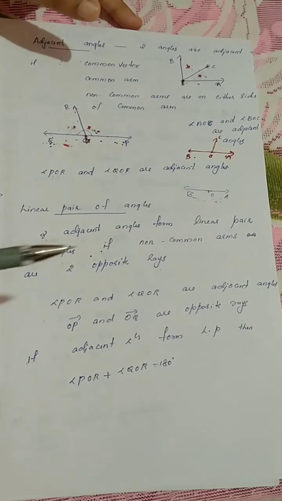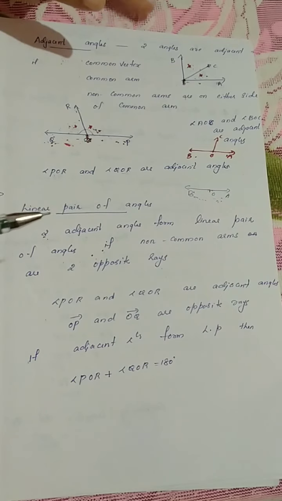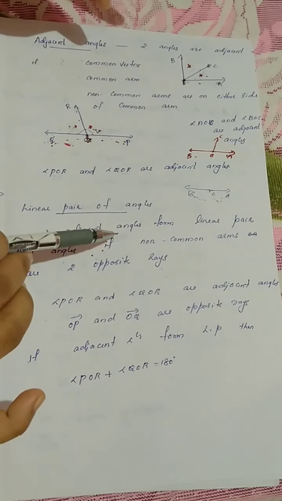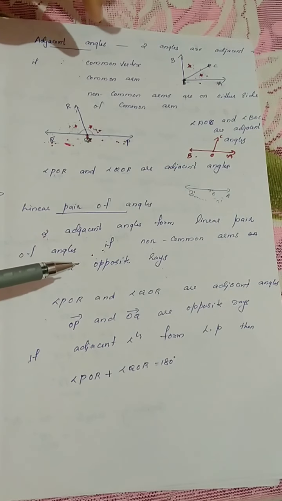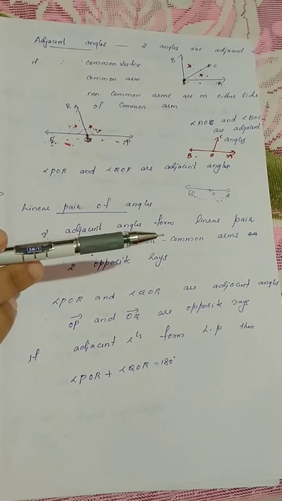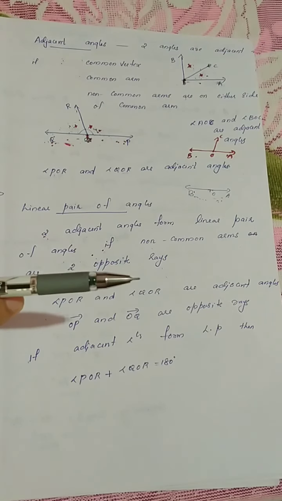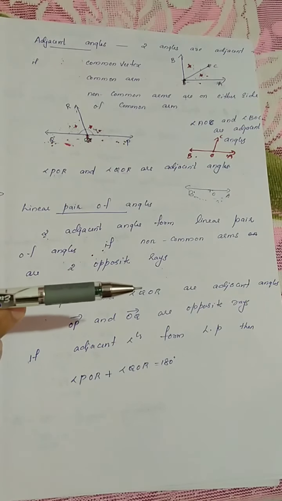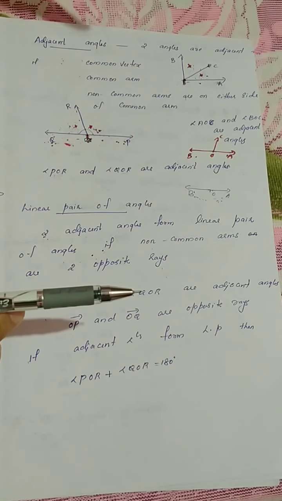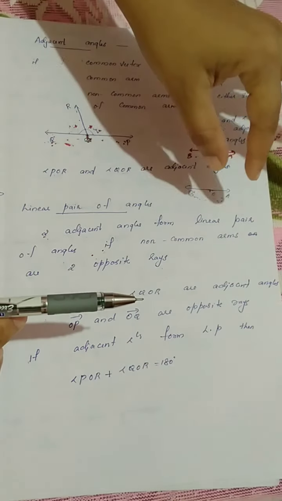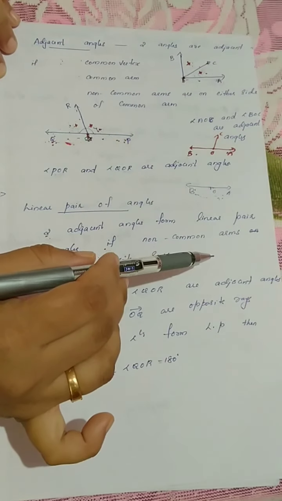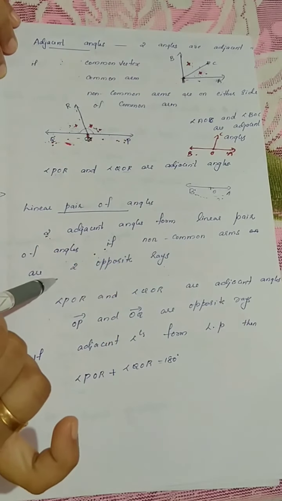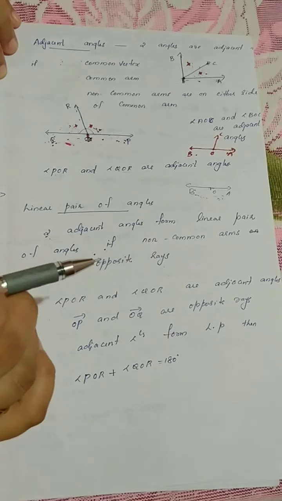Next is linear pair of angles. Two adjacent angles form a linear pair of angles if non-common arms are two opposite rays. Two adjacent angles form a linear pair of angles if non-common arms are two opposite rays.